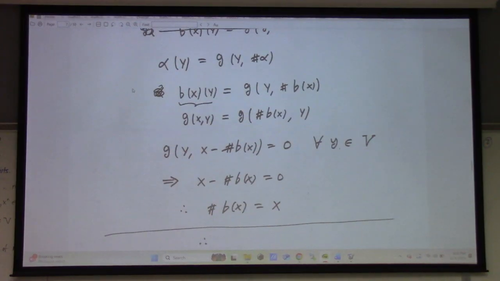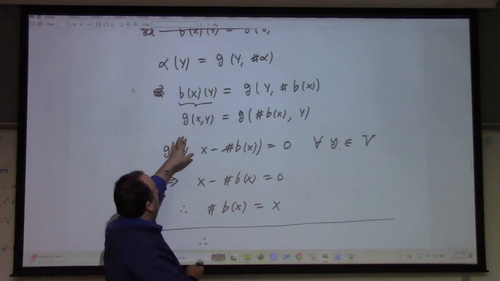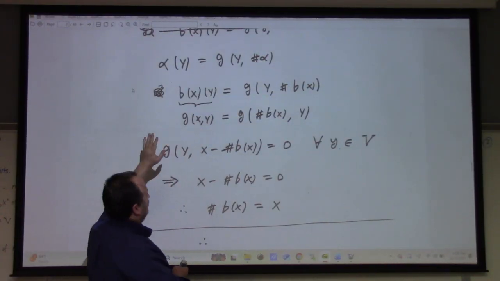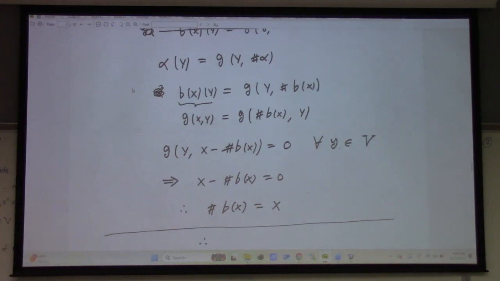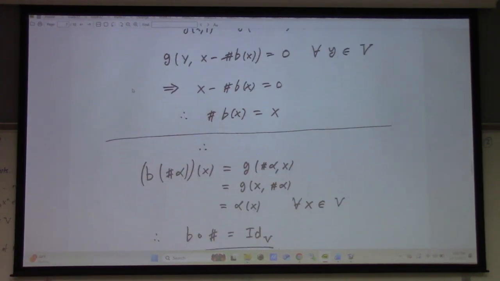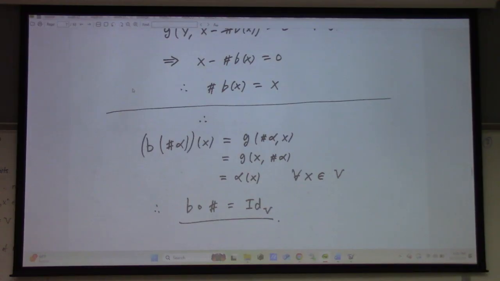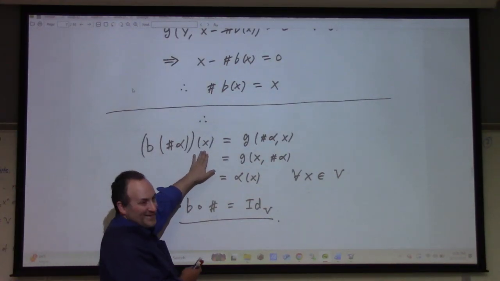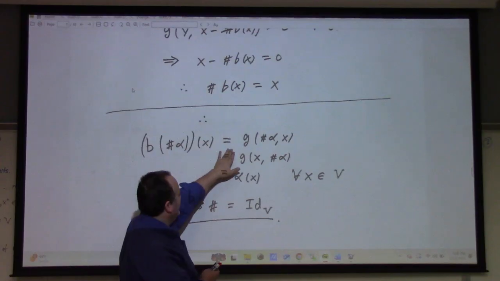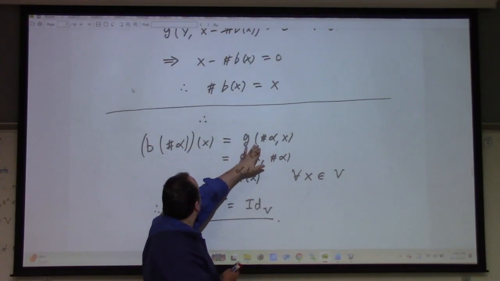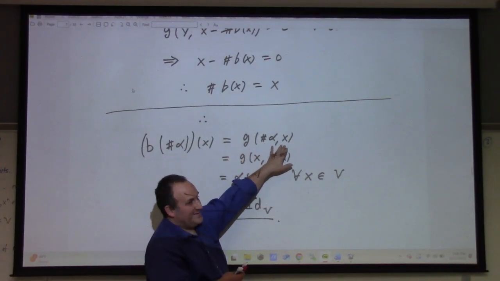This top proof is kind of tricky, actually. I'm trying to show that the composition of sharp and flat is the identity. In this direction, well, I'll let you look at that. But the proof in the other direction is actually stupidly simple. Down here, if we have flat of sharp acting on x, by definition, that is G of sharp alpha with x.